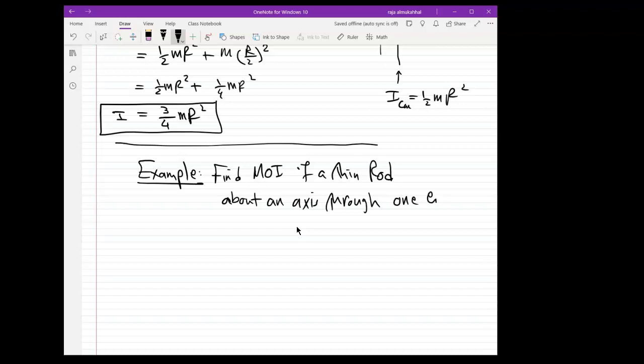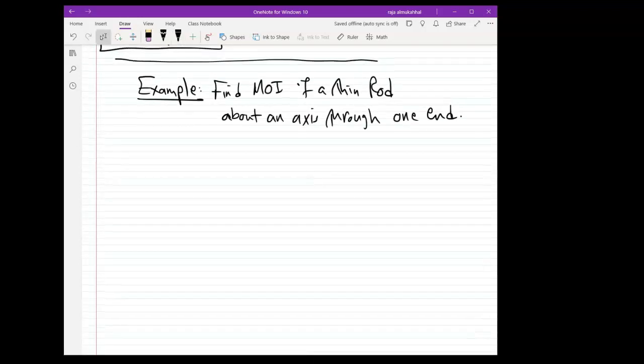How about that? Okay, through an axis of one end. In other words, let me make a drawing of it. So here's the rod right here.